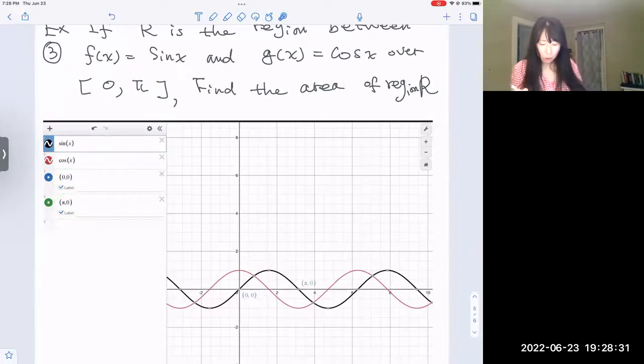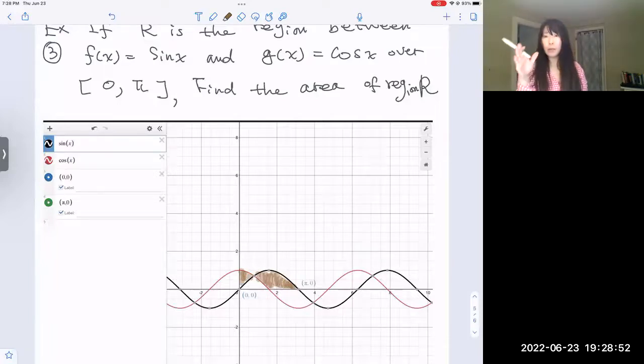Now, look, from 0 to pi, we want to know about the area like this, and like this. First pi. Okay?